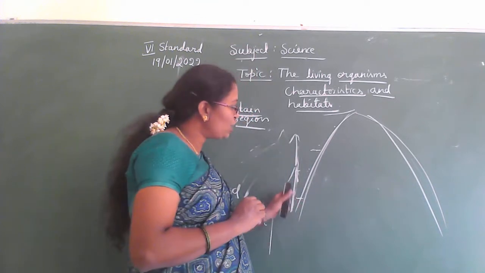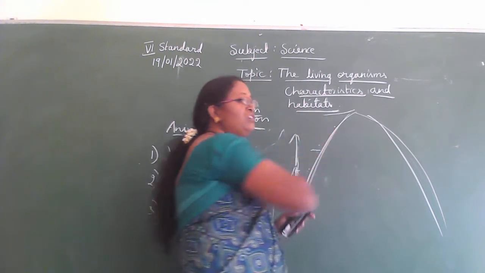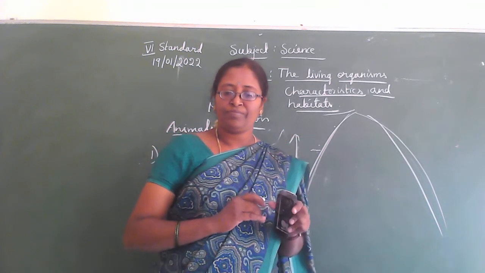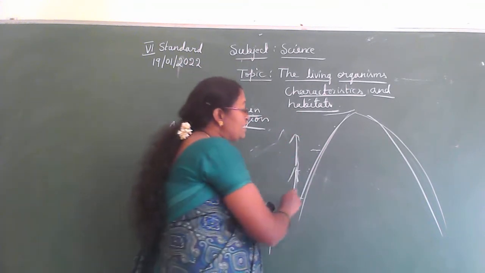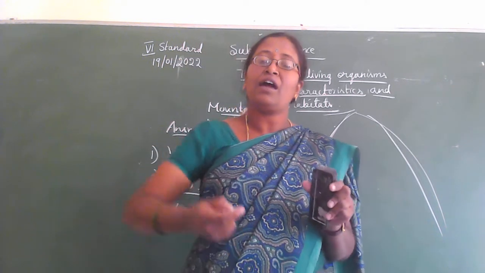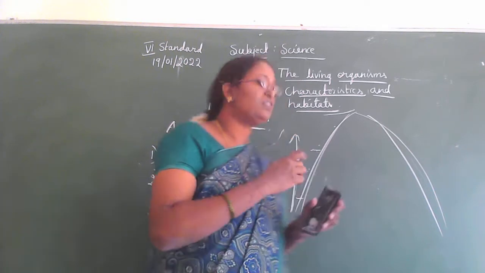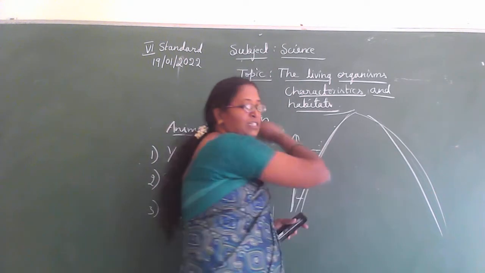Understand? As we go up in the mountains, the surroundings change, and we can see different kinds of adaptations found in the animals and also plants of those regions at different heights.